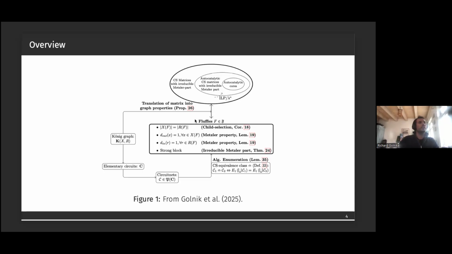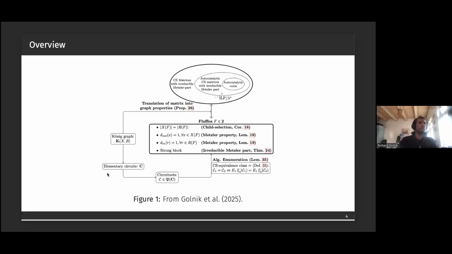The equivalent graph representations are so-called fluffles. Fluffles are strong blocks with particular properties: the numbers of species and reaction vertices are identical, every species vertex has out-degree 1, and every reaction vertex has in-degree 1. And then our goal is to enumerate these fluffles in an efficient way.